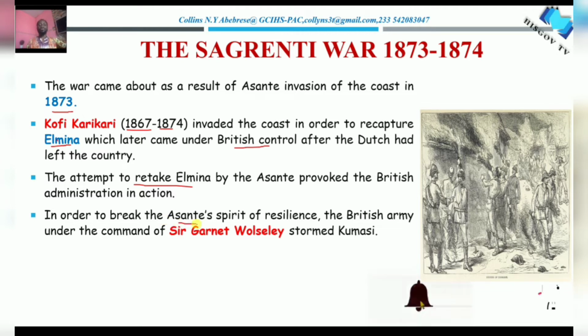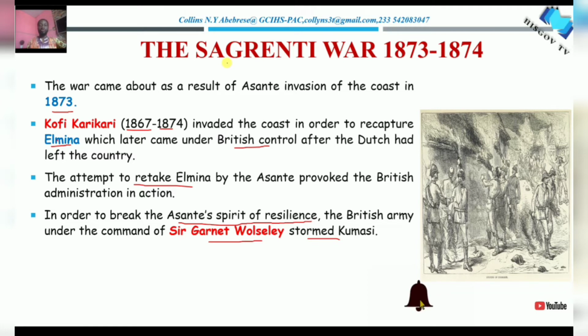In order to break the Asante spirit of resilience, since they had tried so many wars with the Asantes, yet the Asantes were still not giving up, the British Army, under the command of Sir Garnet Wolseley, stormed Kumasi.